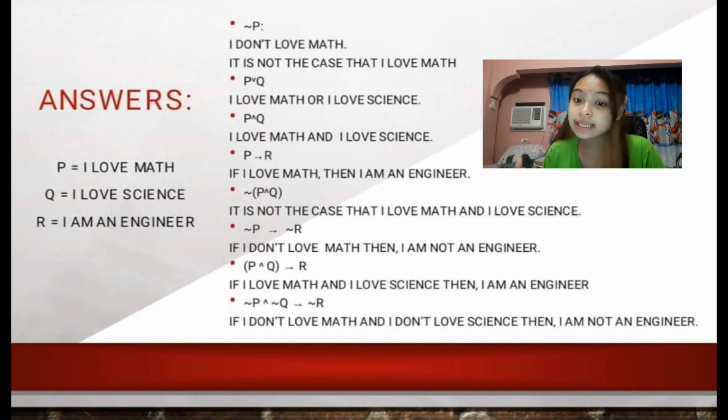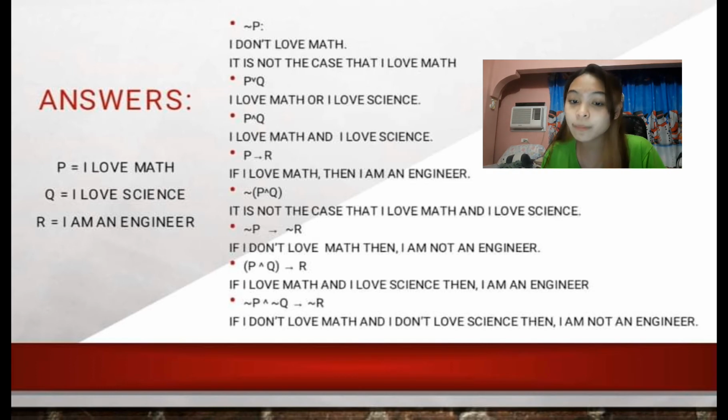Next you'll substitute not R. R is I am an engineer, so you'll negate it: I am not an engineer. Then you add the if then: if in the first sentence and then in the next. So, if I don't love math, then I am not an engineer.